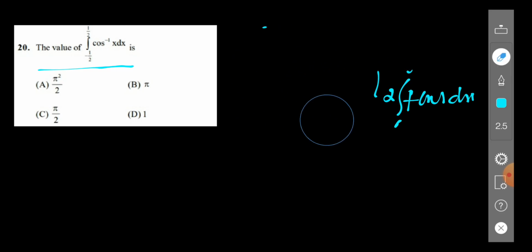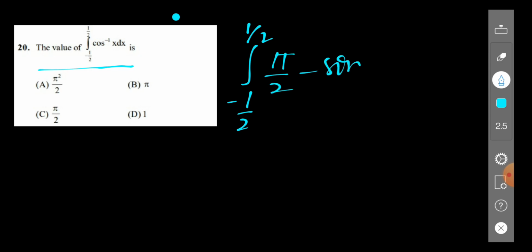But here you can observe cos inverse is there. Cos inverse x is neither even nor odd function. So that's why we have to change here integration minus 1 by 2 to 1 by 2 of pi by 2 minus sine inverse x, using the inverse trigonometry identity, into dx.